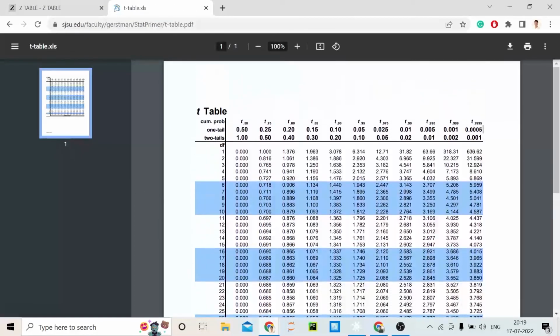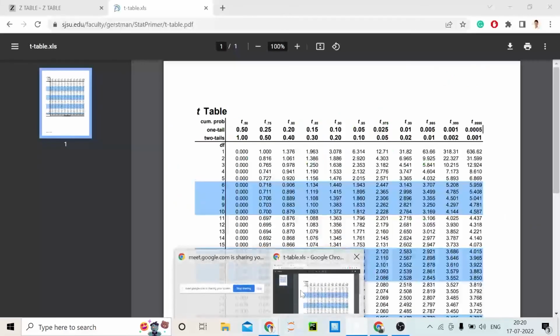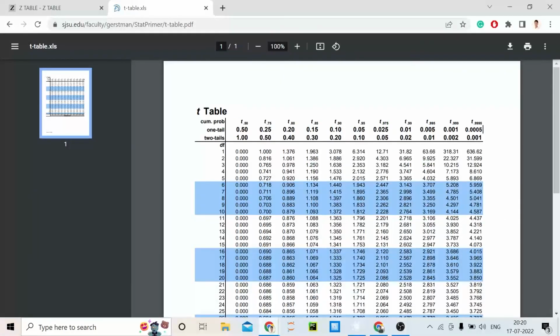When we calculate the value for 0.025, we have to look at the column for 0.975. This value is 0.975, corresponding to 0.025.